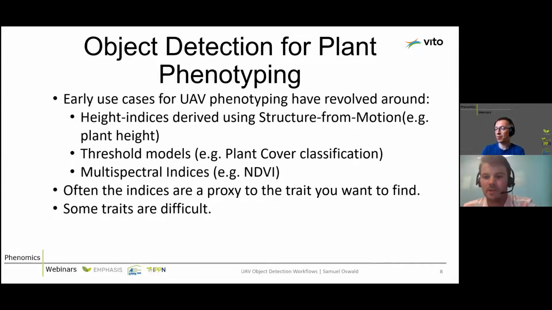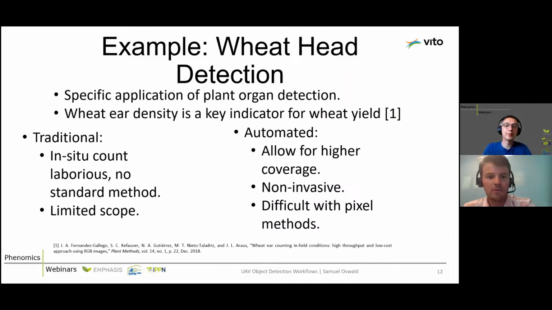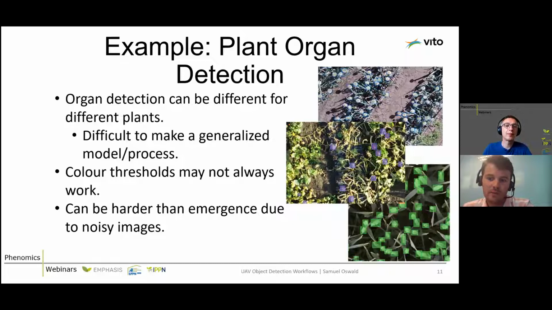This is because we're getting lots of higher resolution imagery, as well as lots of advances in machine learning theory and the ability to practically apply machine learning at scale, which is making it easier to do. In the past, for things like plant organ detection, it was very difficult for multiple reasons.